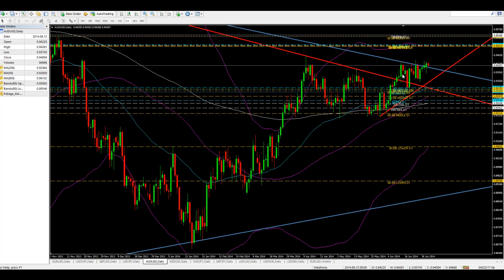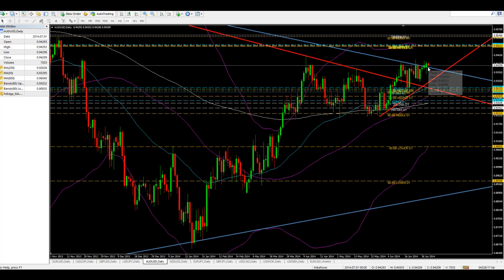All right, Aussie dollar. It's funny, because the Aussie dollar and the New Zealand dollar were the ones that were moving just a couple of weeks ago when we were in consolidation on all other pairs. You can see that the Aussie dollar is actually in consolidation right now, really holding to that consolidation. I'm going to call a consolidation movement here. This is really good for a sell going down.